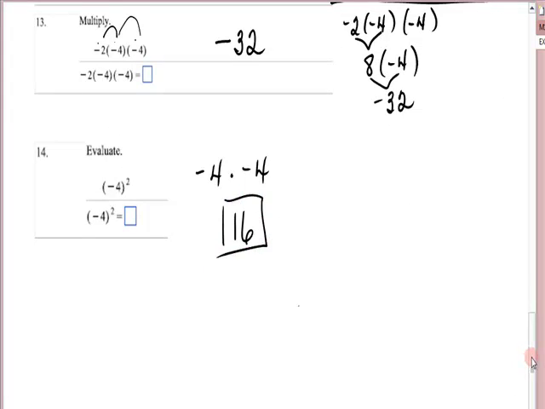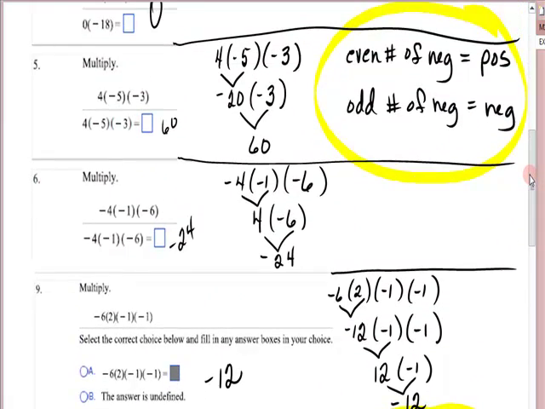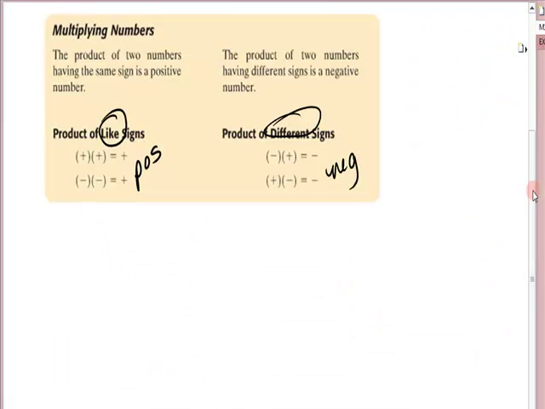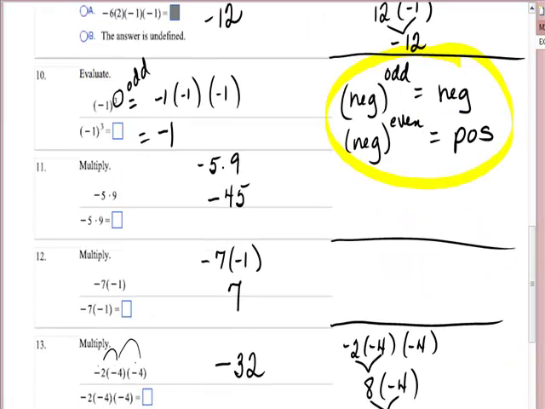Okay, so please make sure that you have these two rules written down, and that you have your rules about products of like signs, products of different signs. Now you should be able to do products.